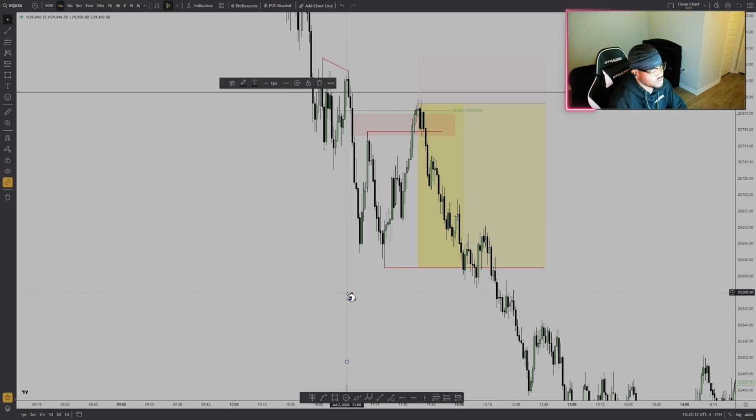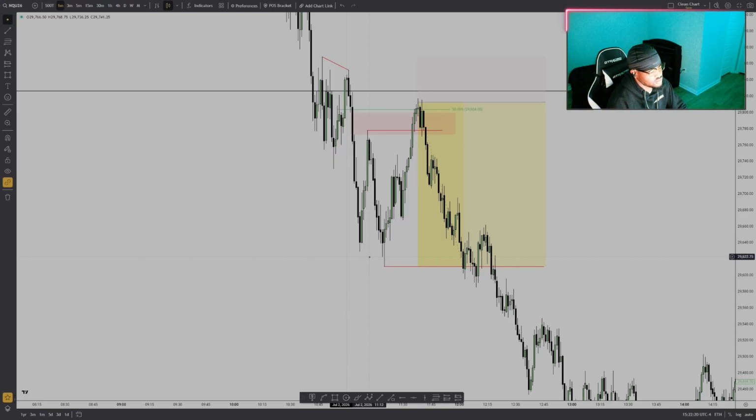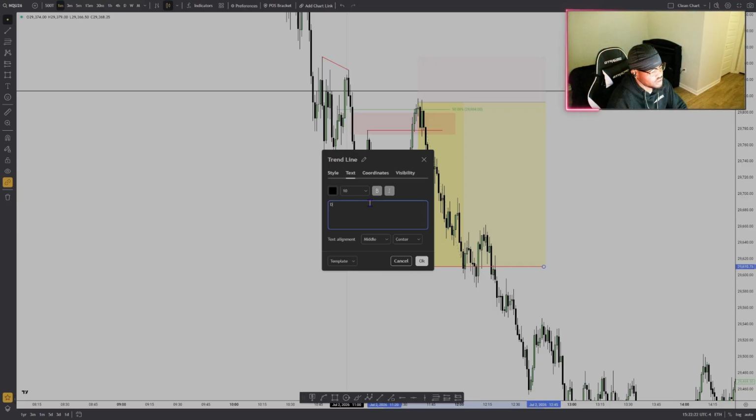Delineator for the 11 o'clock fractal, that's what I titled it. And this was that beta low for 11 o'clock.